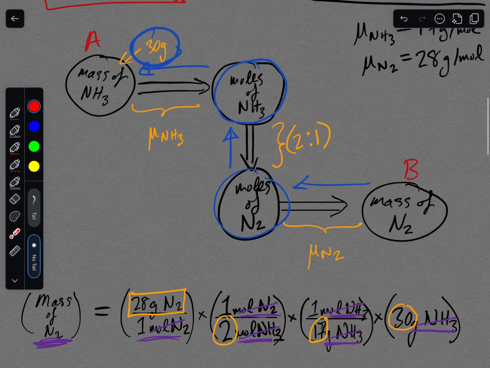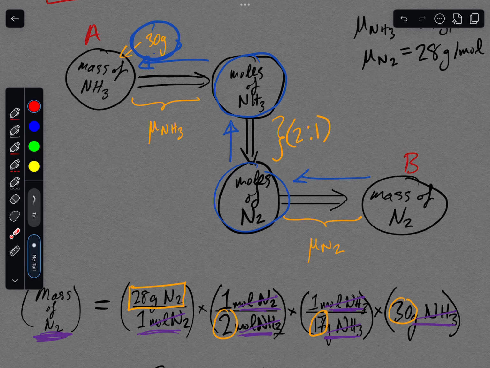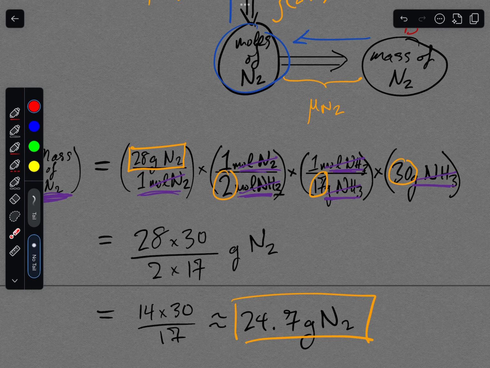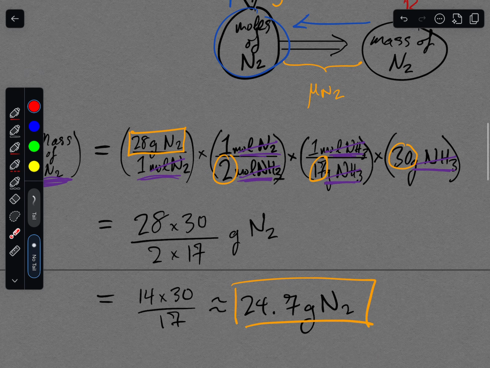Then following Jerry's method, you just follow this backwards, exactly backwards. Each step involves one conversion factor, and the conversion factors have to be lined up appropriately to get the units to cancel out, to then arrive at the 24.7 grams of nitrogen gas. And that is what has been called Jerry's method.